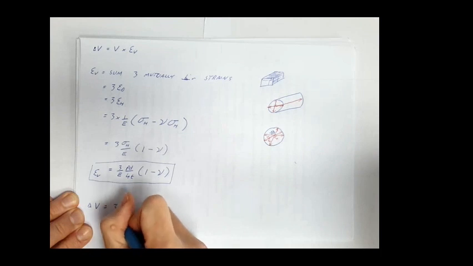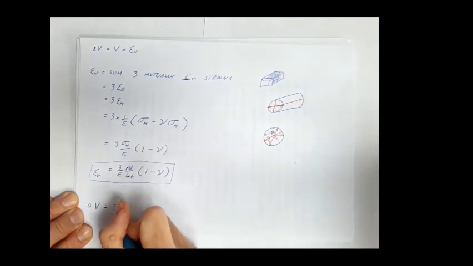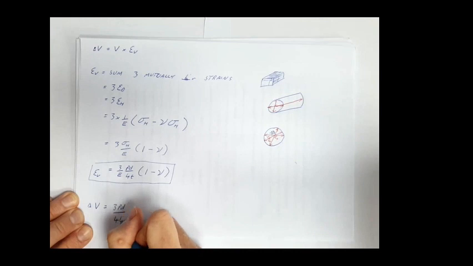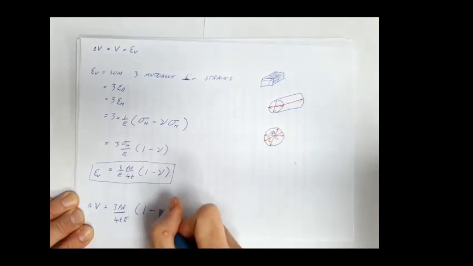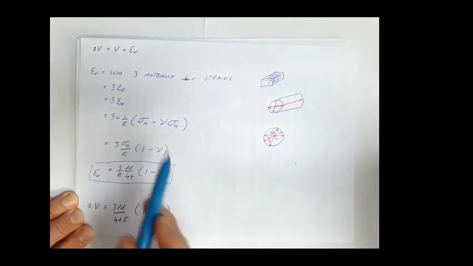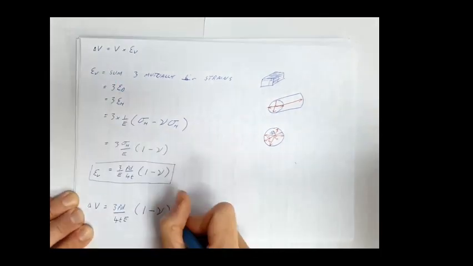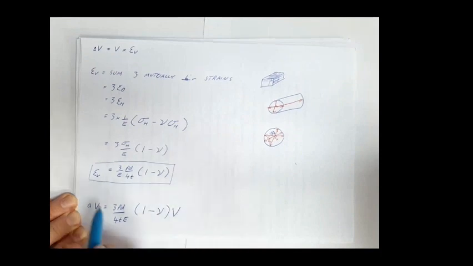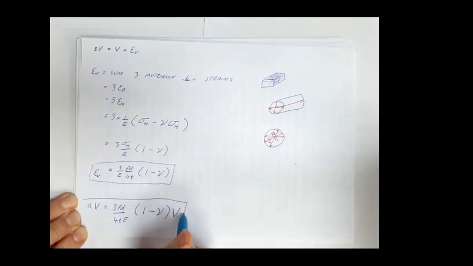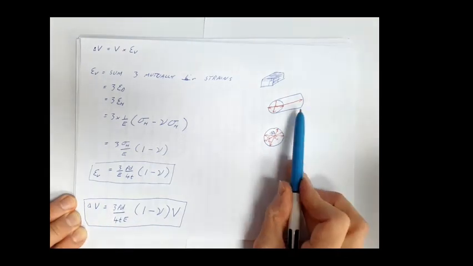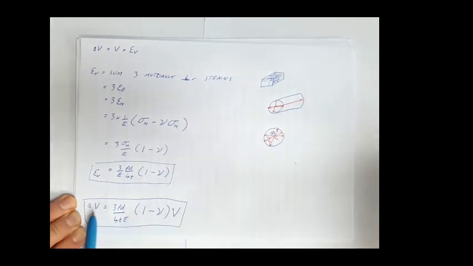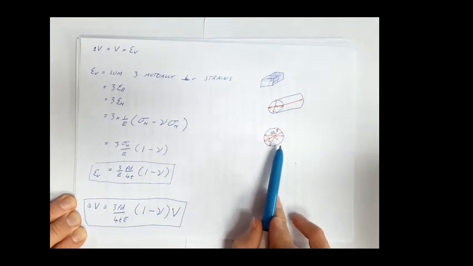So that's 3 PD over 4TE, lots of 1 minus Poisson's ratio times by the original volume. If we multiply that by the original volume, there's my change in volume. Okay, so last time we worked out our change in volume for a cylinder. Now we've got our change in volume for our sphere.